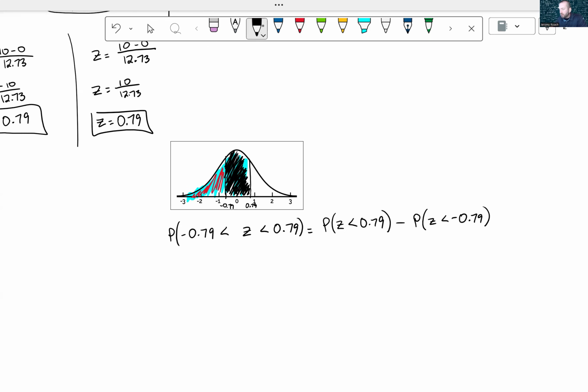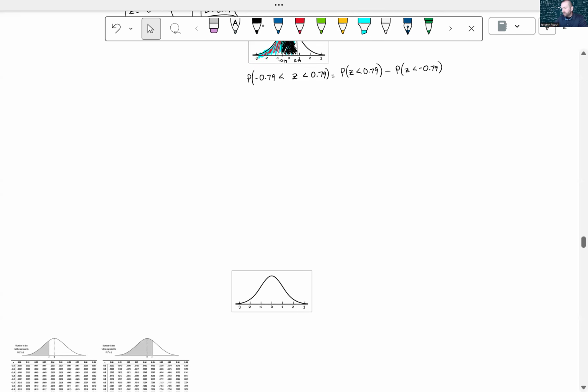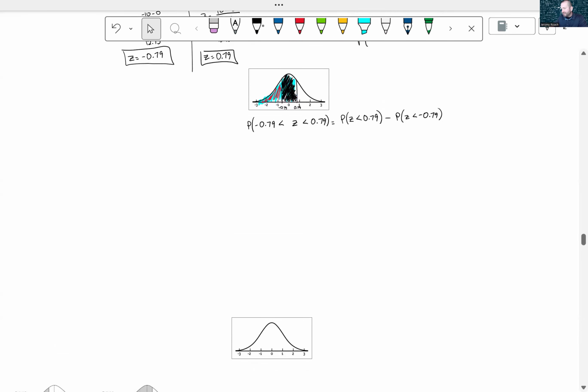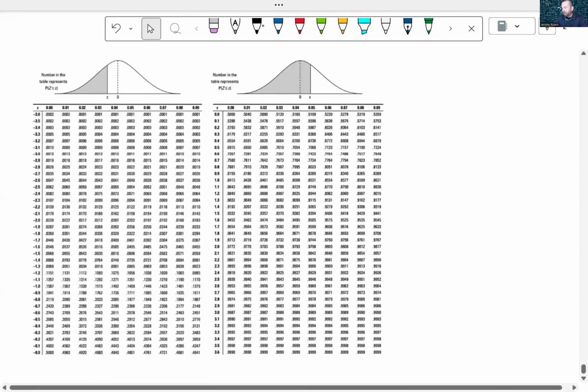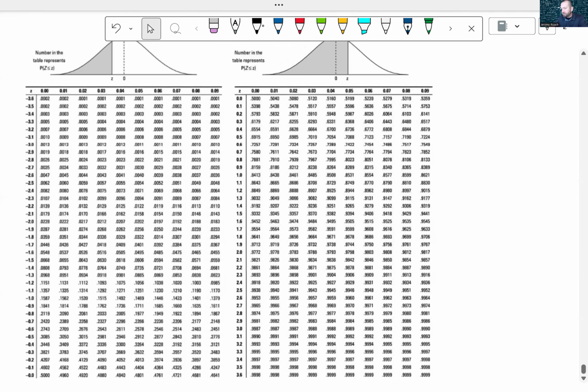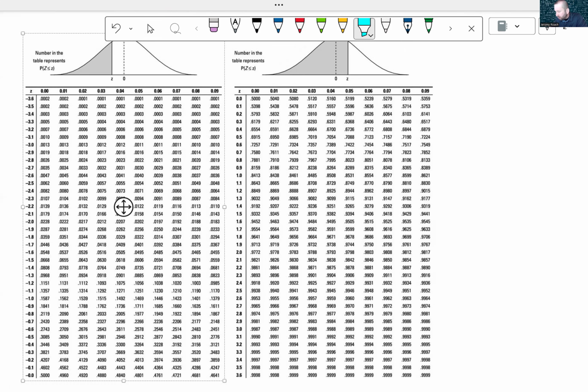Because remember, when we look at z-scores, we're only given the probability that z is less than some value on the z table. Okay, so let's go to the z table. So we are looking for z is less than 0.79 and z is less than -0.79. So here's our z table. So we want 0.79. There's 0.7 and there's 0.79.